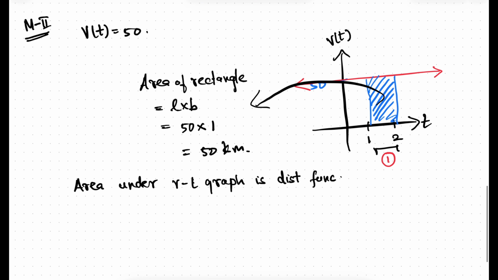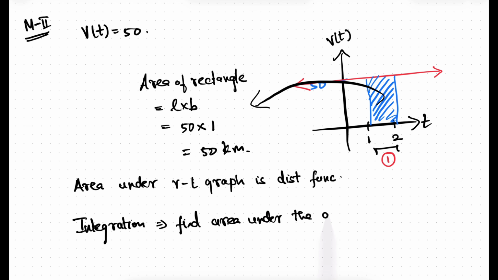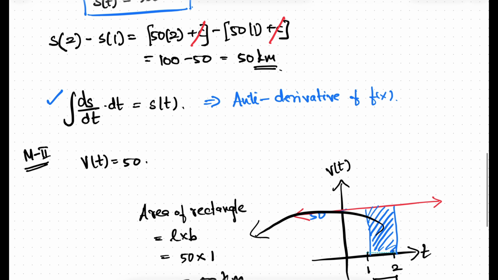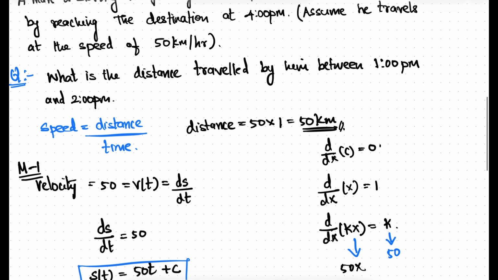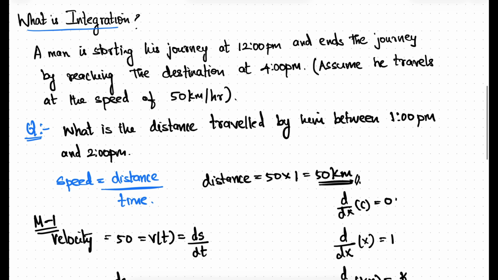Integration is simply finding the area under the graphs. I hope I gave you a different perspective on integral calculus. This is what integral calculus is all about. It is simply finding the antiderivative for a particular function.